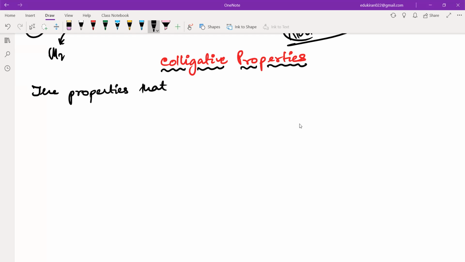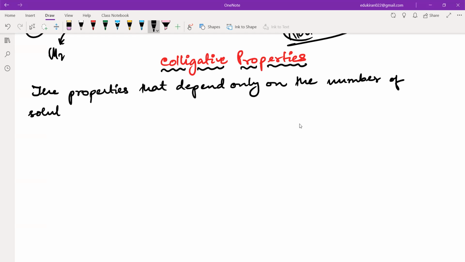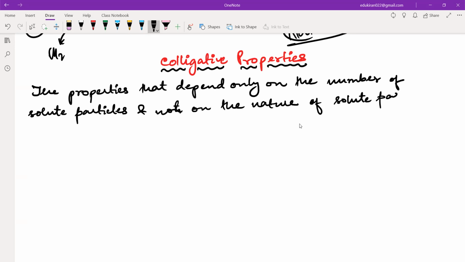The properties that depend only on the number of solute particles and not on the nature of solute particles are called colligative properties.